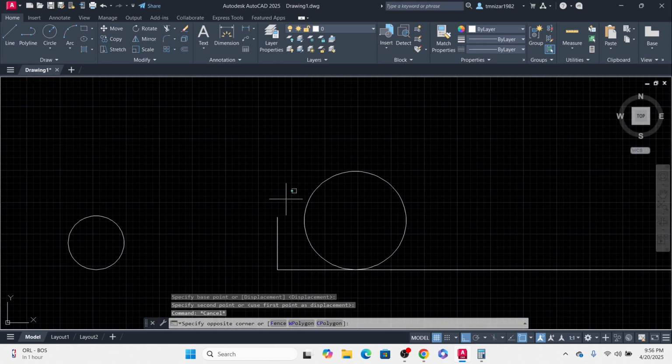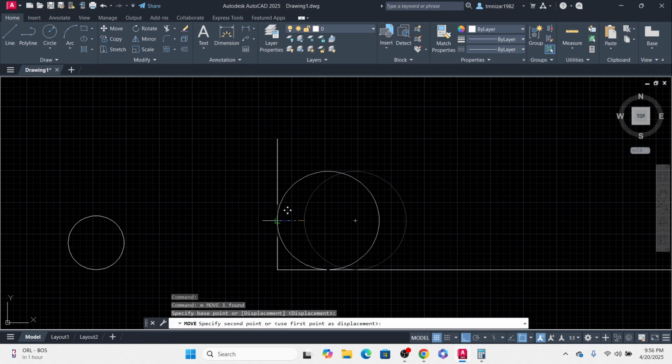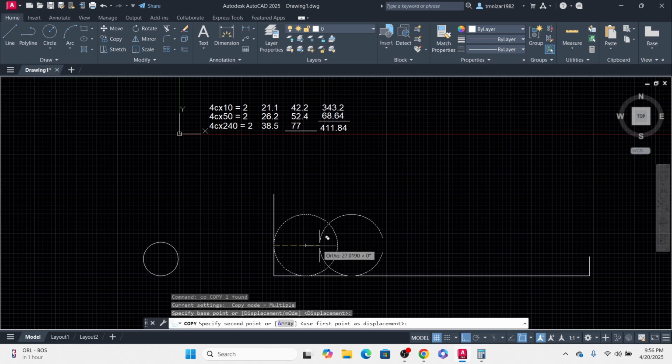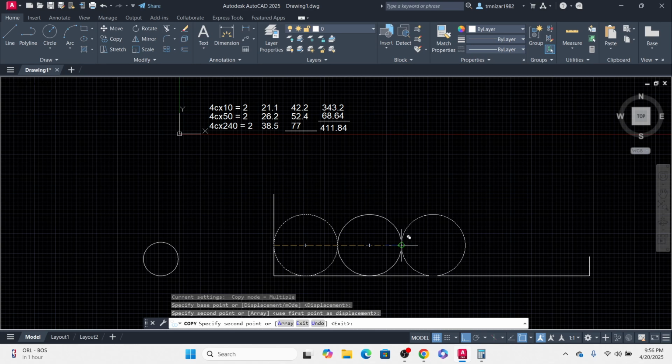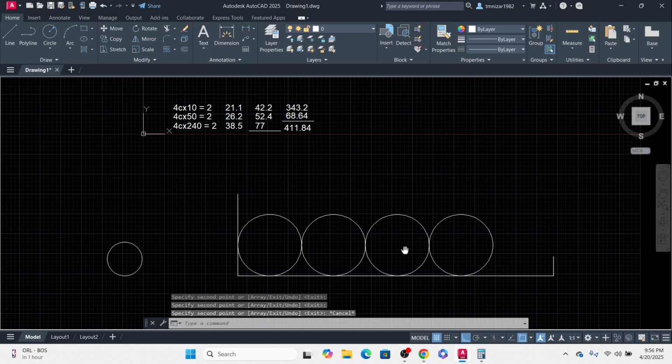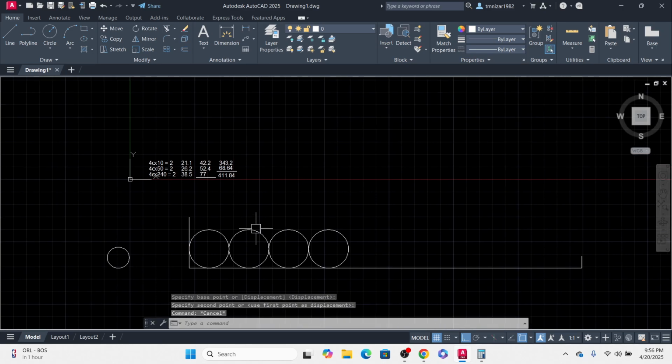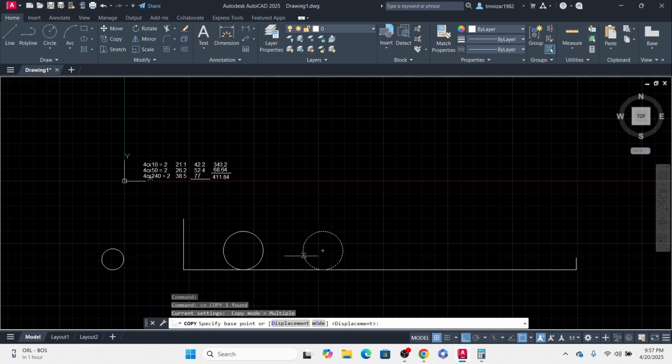Let's place it here, and I will touch this one into here, and I will add another cable. This is the first space, this is the second space, and I need another.